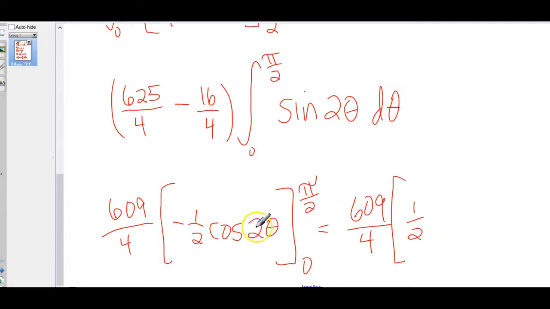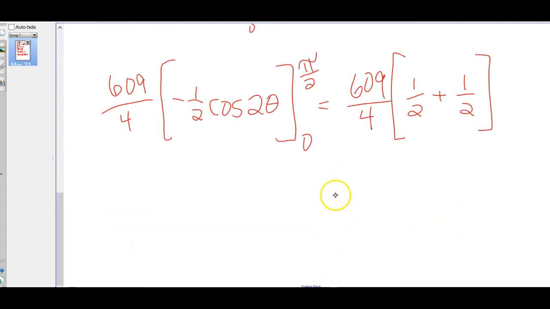When I plug in 0, I get the cosine of 0. Alright, 2 times 0 is still 0. Cosine of 0 is 1, so this is negative 1, but we are subtracting. So negative 1/2 would be positive 1/2. And so we end up with 609 over 4 times 1, which is 609 over 4.